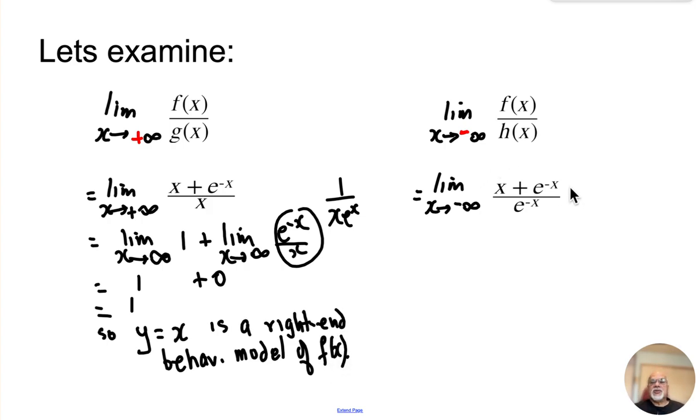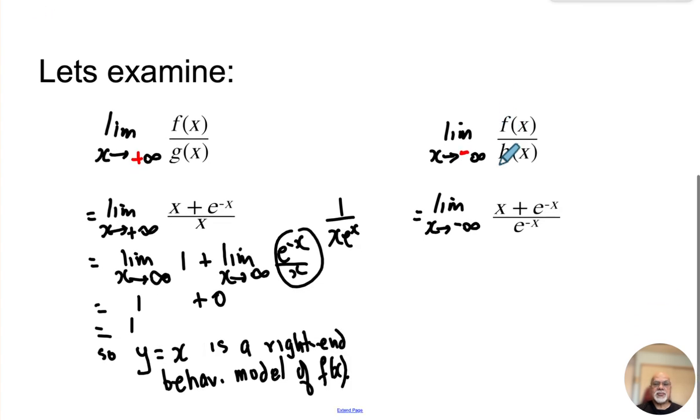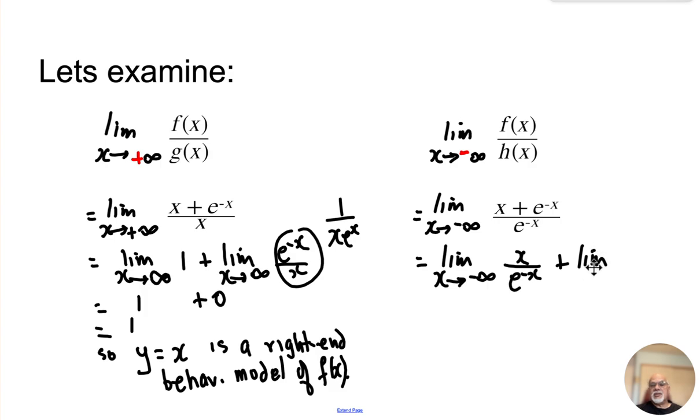Now, what happens as the limit of f of x over h of x as x approaches negative infinity? h of x is just e to the minus x. So this becomes the limit as x approaches negative infinity of x over e to the minus x plus the limit as x goes to negative infinity of e to the minus x divided by e to the minus x, which is just 1.